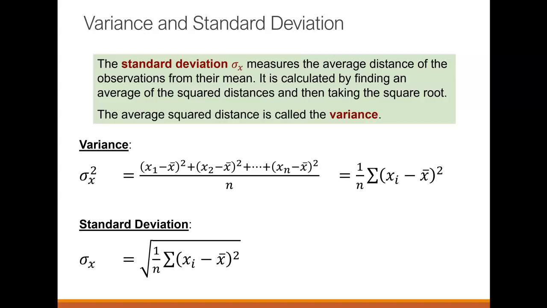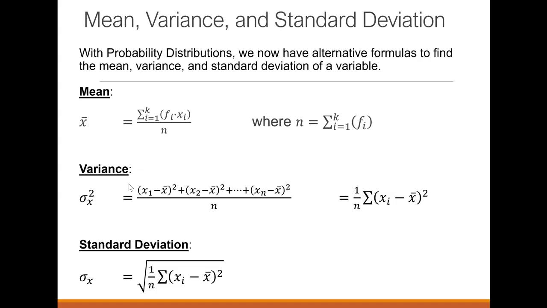So what does this mean in a probability distribution sense? To find the mean in a probability distribution, we add up from 1 to k, and what is f in here?